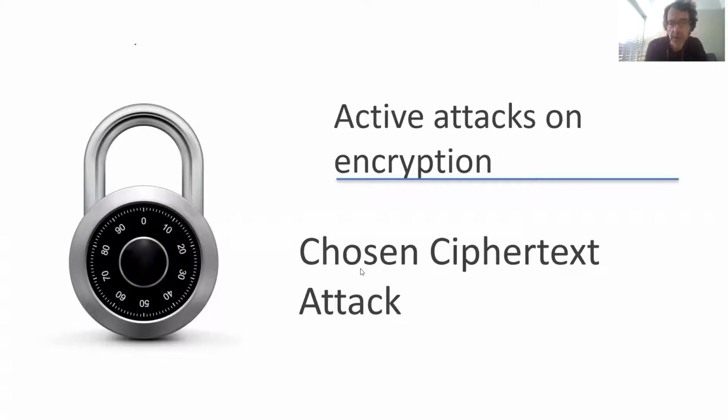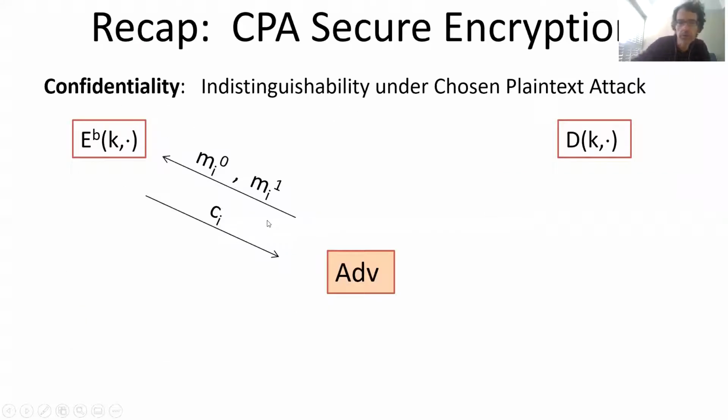So, chosen ciphertext attacks. For the first time, we are encountering active attacks. Let's jump to it. The chosen plaintext attack security was basically capturing the following attack. Intuitively, you had some encryption box out there. You can think of it as a sender in the encryption scenario, and the adversary got to see ciphertexts that this sender sends out, let's say to some receiver.